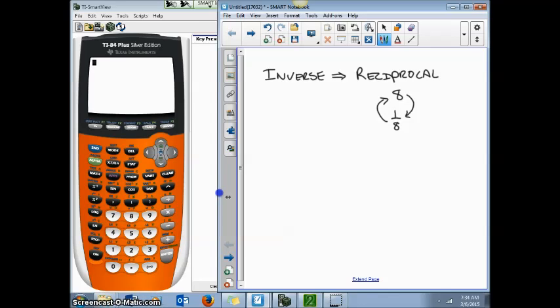So if we let the matrix be called A, and all of our little elements in there are a, b, c, and d. Okay? So we don't ever divide matrices. There's actually not an operation for division.